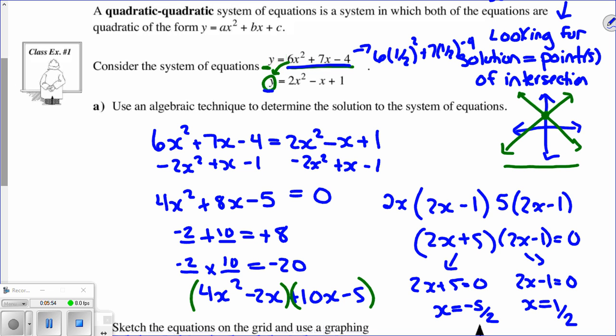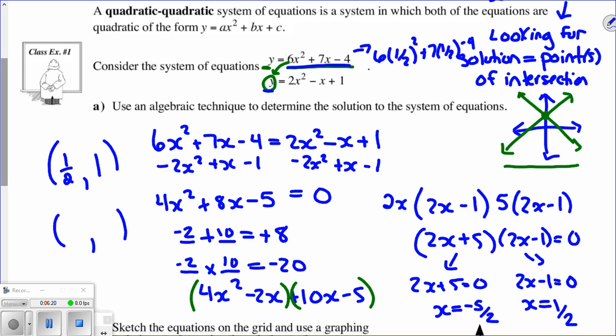So y equals 1. I'm going to write my solutions over here where I have room as two coordinates. So the first solution, when x is 1/2, y is 1. The second one, when x is -5/2. I'm just going to copy and paste that and replace the decimal inside there. So -2.5.